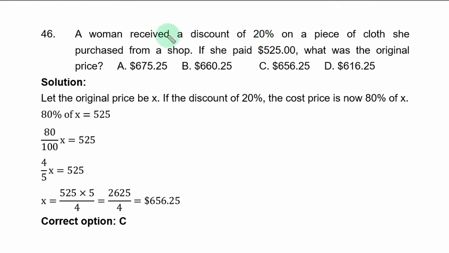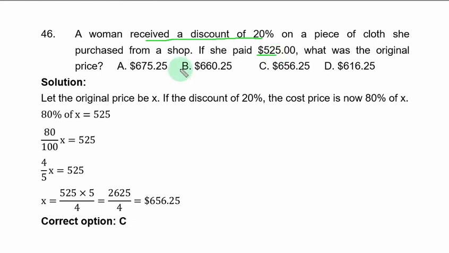Question 46. A woman received a discount of 20% on a piece of cloth she purchased from a shop. If she paid $525, what was the original price? Remember, from that price, she received a discount of 20%.